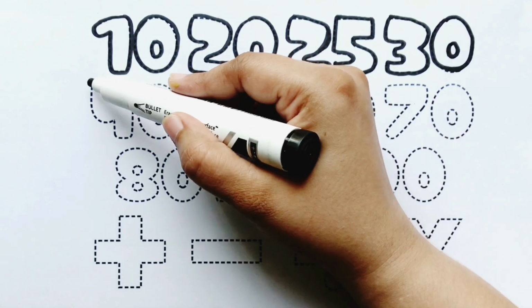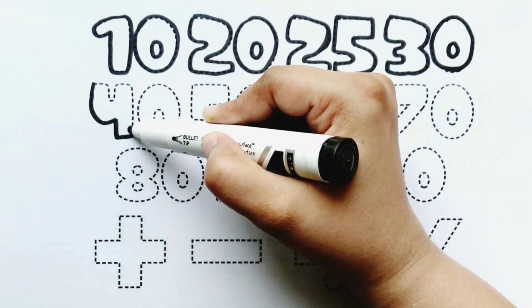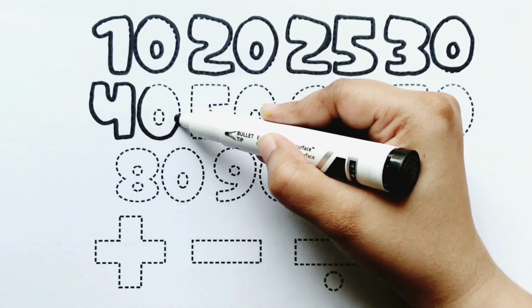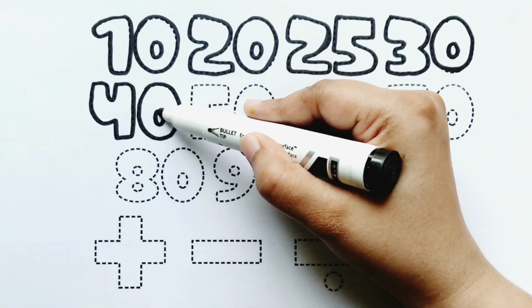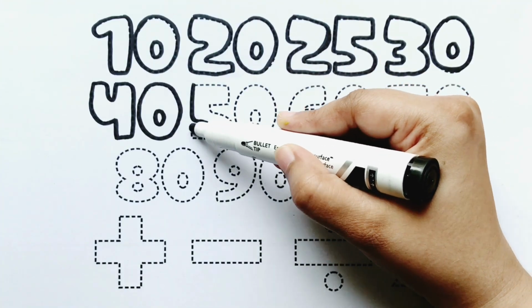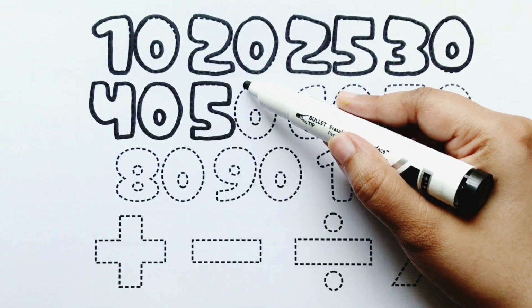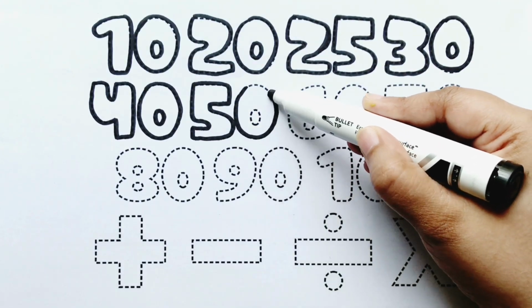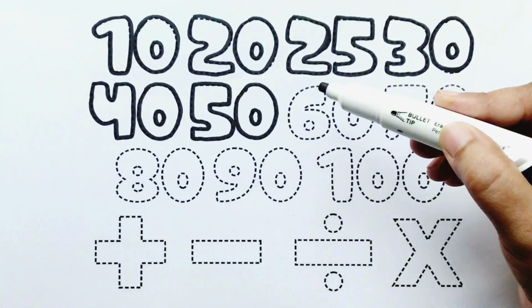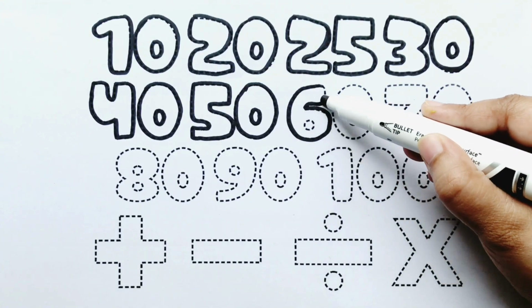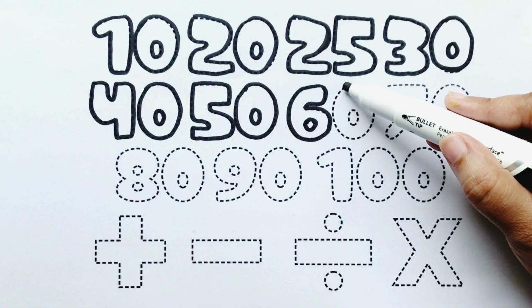Next time won't you 40. sing with me? A, B, C, D, E, F, G, H, I, J, K, L, M, N, O, P, Number 50. R, S, T, U, V, W, X, Y, and Z. Now I know my ABCs. 60. Next time won't you sing with me?